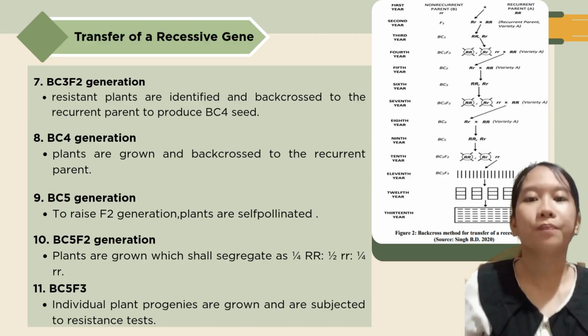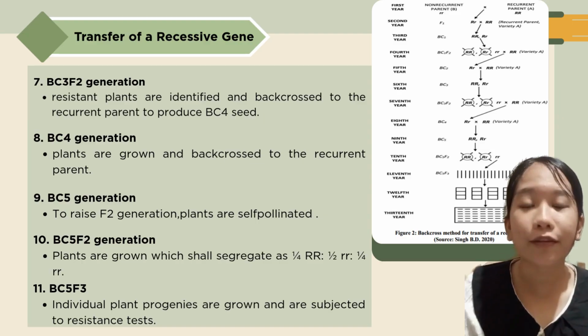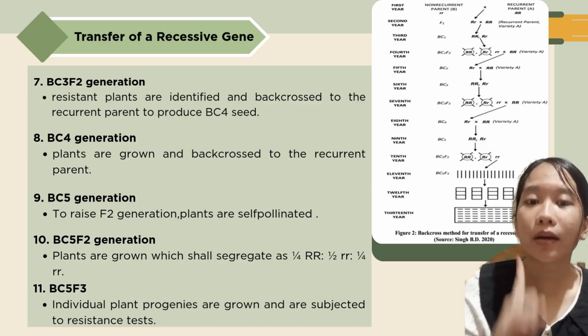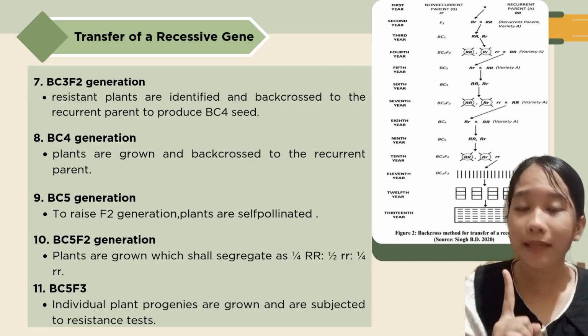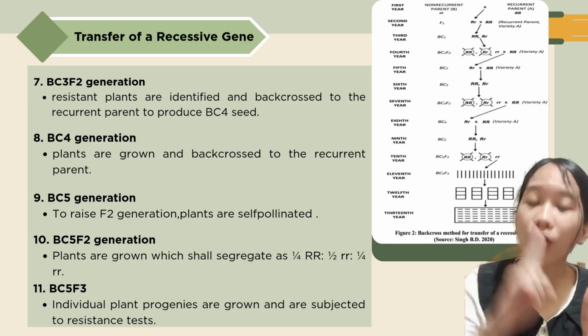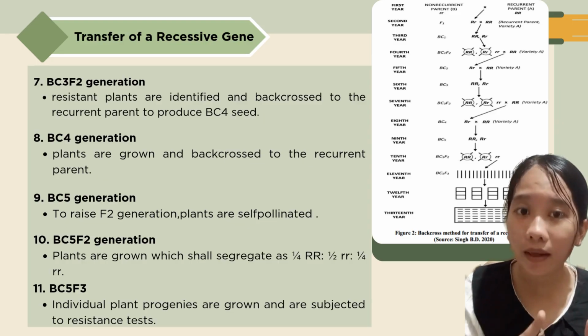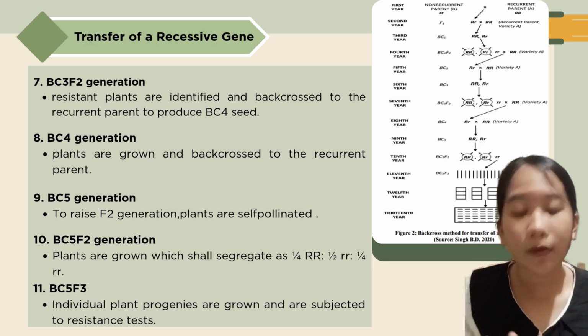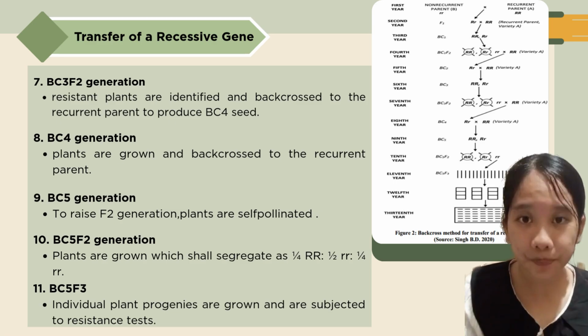For example, in the BC3 F2 generation, resistant plants are crossed again with the recurrent parent para makaproduce siya og BC4 seeds. Again, i-cross siya sa recurrent parent para makaproduce na pod sa BC4 seeds or the next generation.